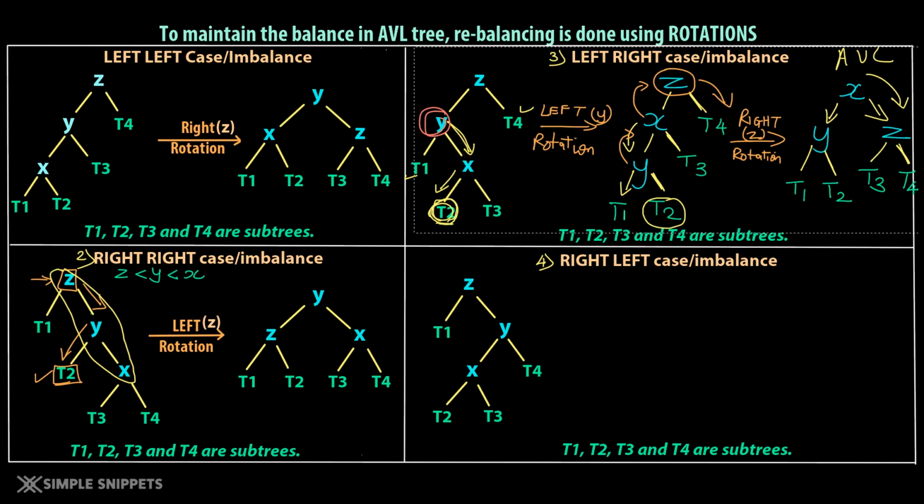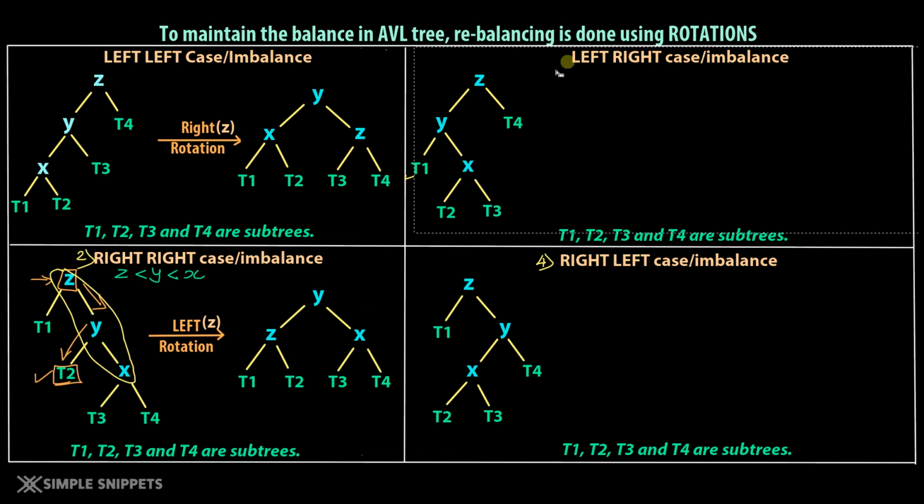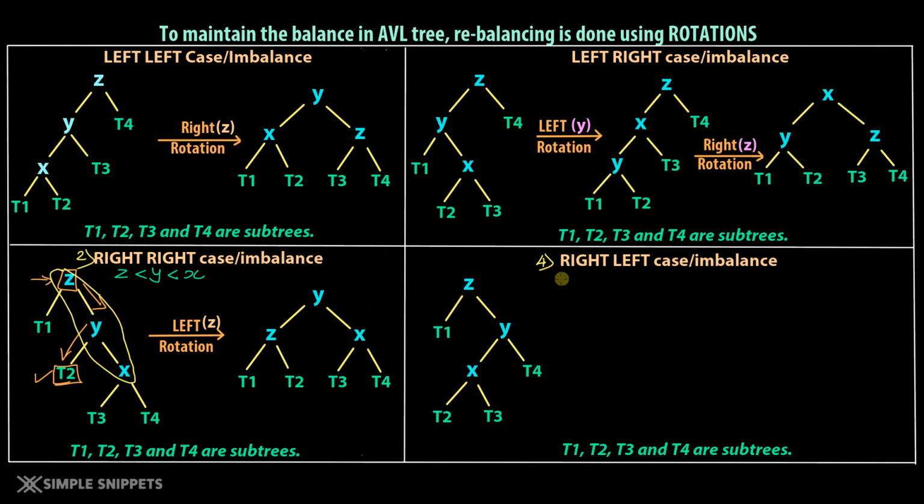Alright, so this was the third use case. Let's quickly see the fourth use case. I'm guessing you guys can do it on your own also. So for the fourth use case, it is a right-left imbalance between Z, Y and X. So Z is smaller than Y because Y is towards the right of Z, and if this Y node is towards the right of Z, it means that it is a larger value.